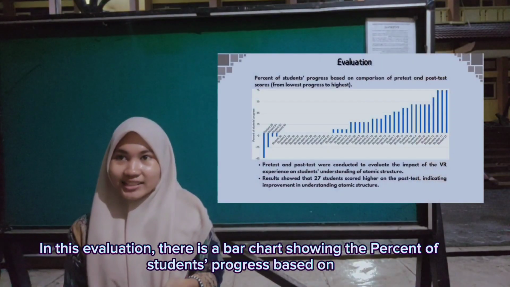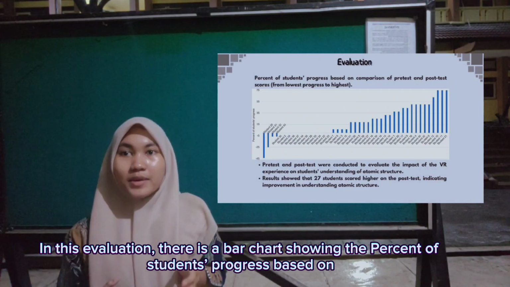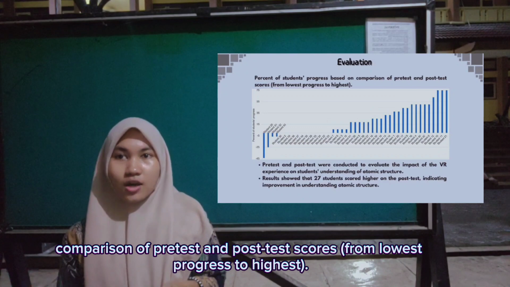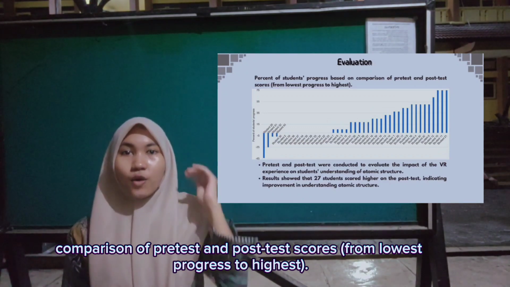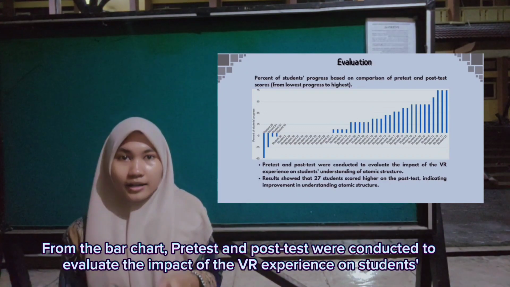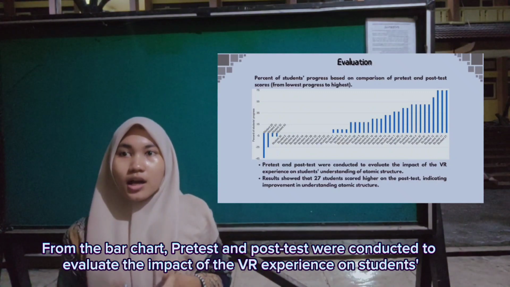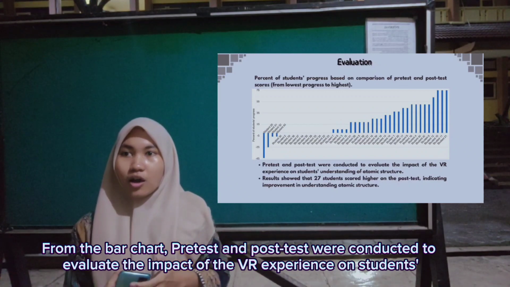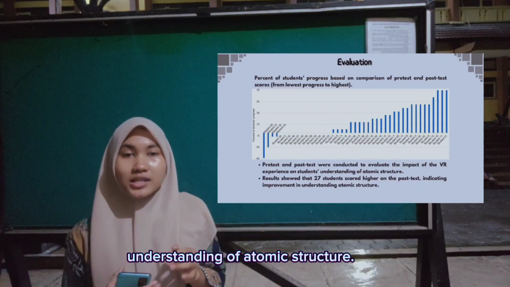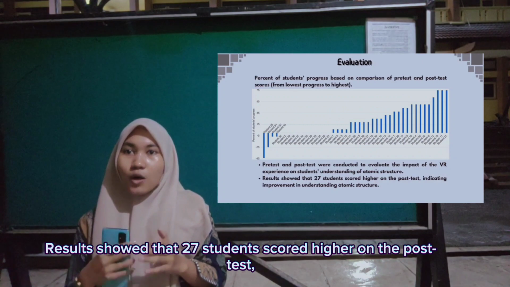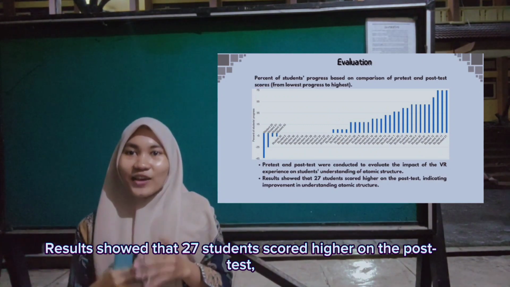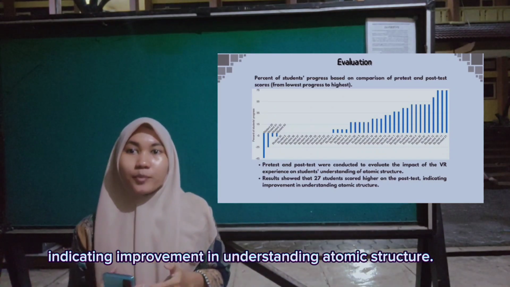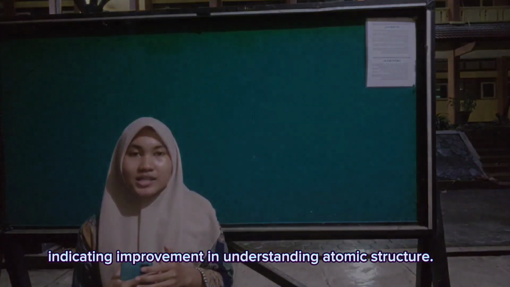In this evaluation, there is a bar chart showing the percent of student progress based on comparison of pre-test and post-test scores, from lowest progress to highest. From the bar chart, the pre-test and post-test were conducted to evaluate the impact of the VR experience on students' understanding of atomic structure. Results show that 27 students scored higher on the post-test, indicating improvement in understanding atomic structure.